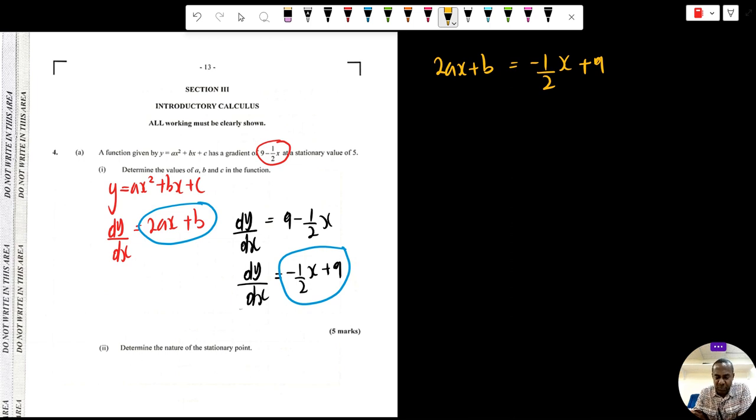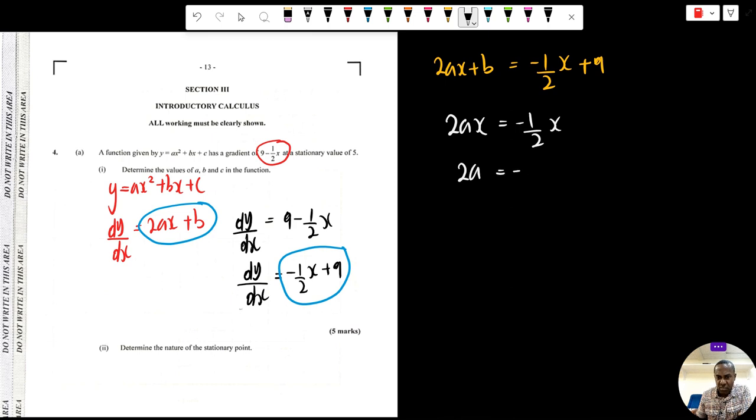If these expressions are equivalent, it means that the like terms must have the same coefficient, or they must be identical. So for instance, in the case of the term in x, we can say that 2ax is equal to minus a half x. This means that the coefficients must be equal.